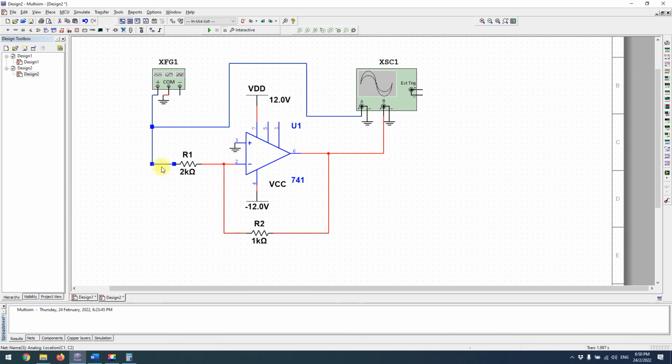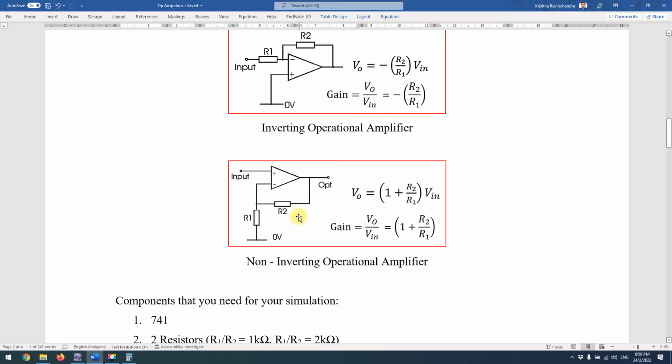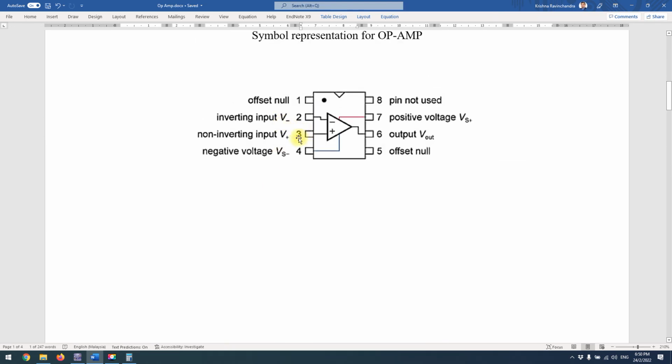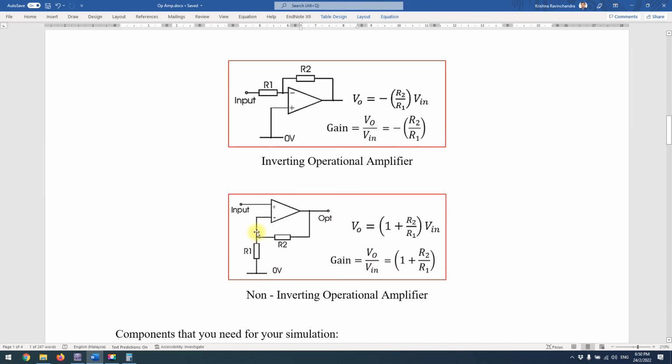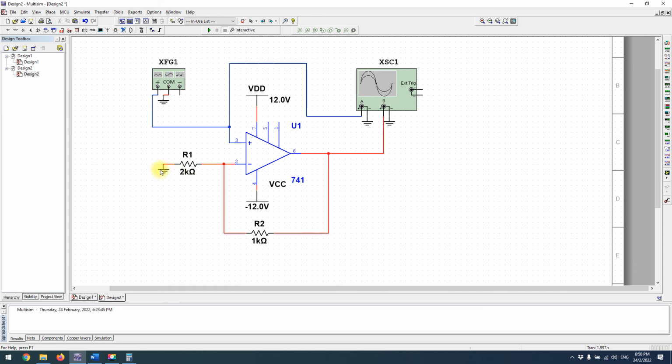Sorry, not that, we'll disconnect this. Move this here, disconnect that. Then I think we're done. Pin 3 is connected to the input, which is the positive, so non-inverting. And this pin is going to be grounded and connected to the resistor.